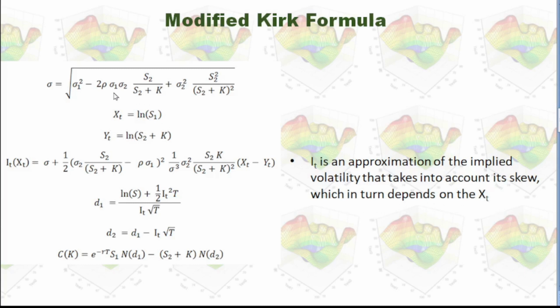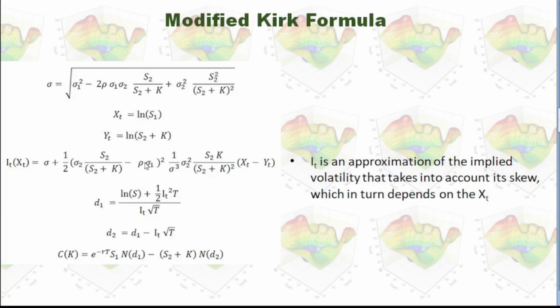You see X_T equals the log of S1, and there is a Y_T here. So in this modified Kirk formula, it calculates I_T first, and then it uses I_T to calculate d1 and d2.